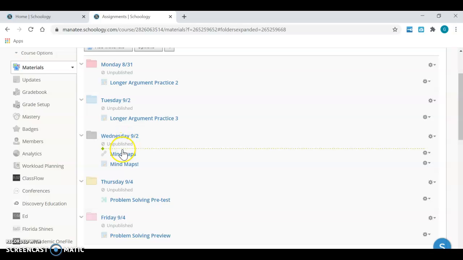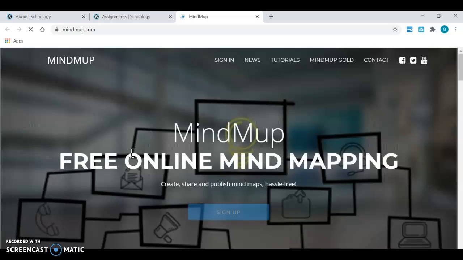So on Wednesday, the last thing we're going to do with arguments is create mind maps, which you will do on a website called Mind Maps. I'll have instructions for this on Wednesday of how to do everything, but you'll create a free map, and then you'll create a mind map of the argument.